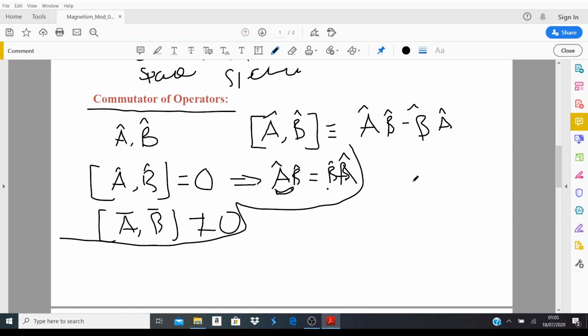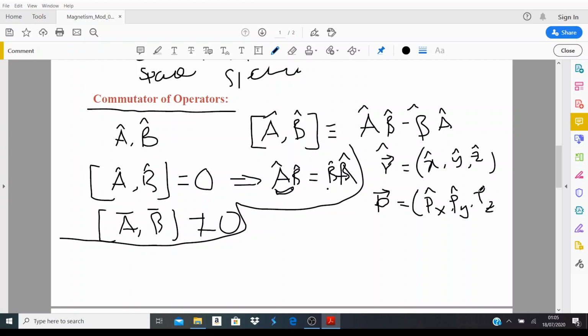The motion is in 3 dimensions. That's why we'll need the vector R operator, which has 3 components, X hat, Y hat, and Z hat. And also we have the momentum operator in 3 dimensions. It has 3 components, Px hat, Py hat, and Pz hat, right?